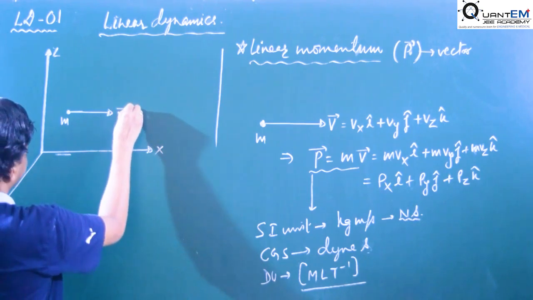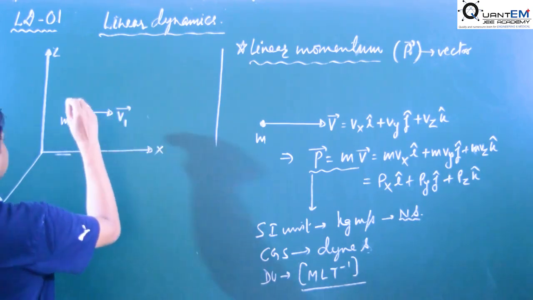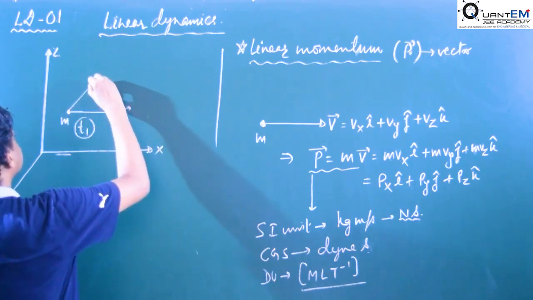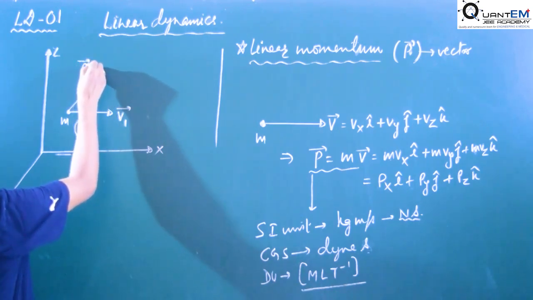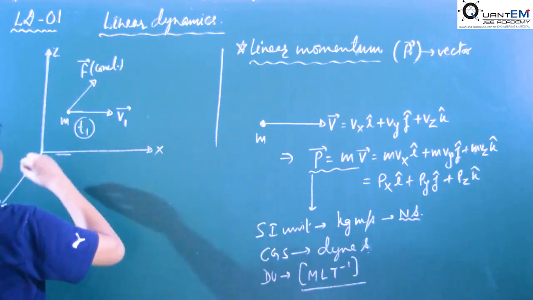It is the velocity at what time? At time t1. And a constant force has been applied on the particle. This force is of constant value.